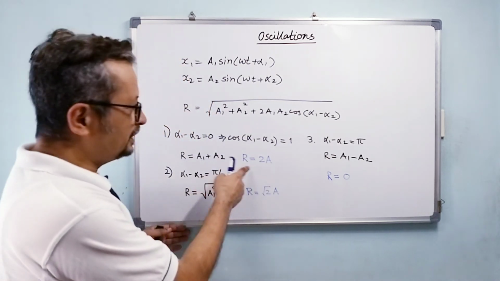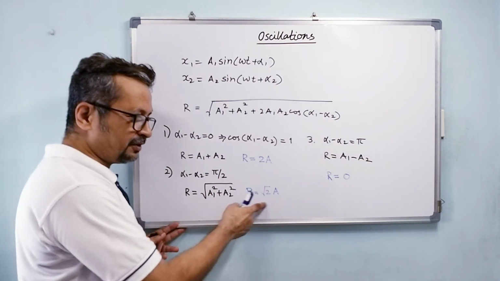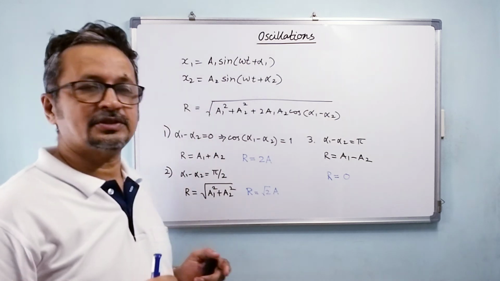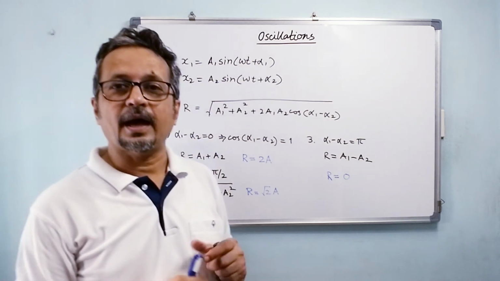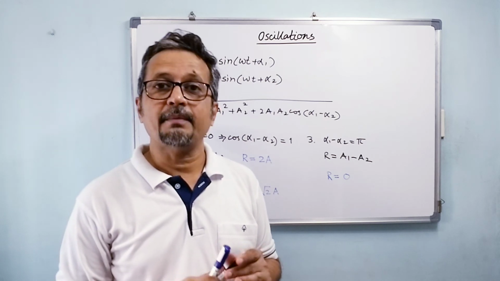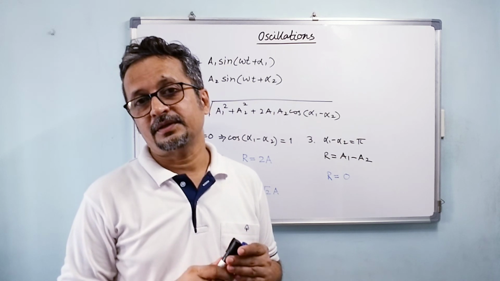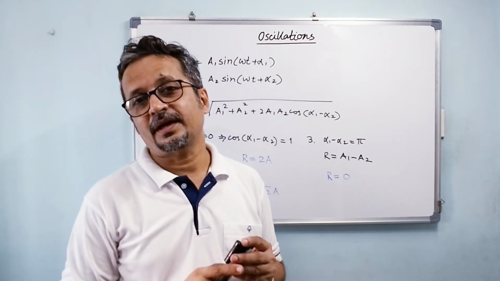Here it becomes double, here it becomes 0, and here it is root 2 times the original amplitude. So these were the cases of amplitude of the resultant SHM and the cases of equal amplitudes.